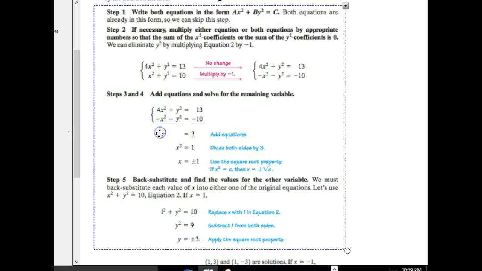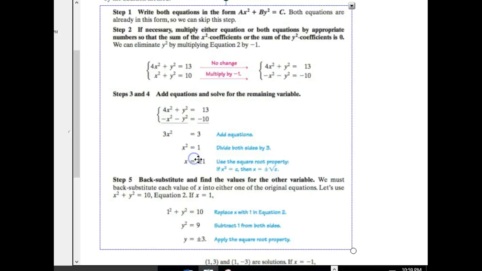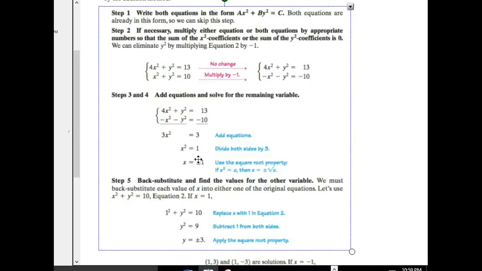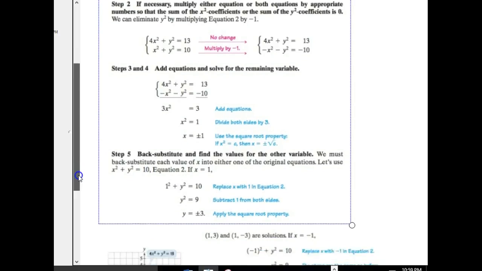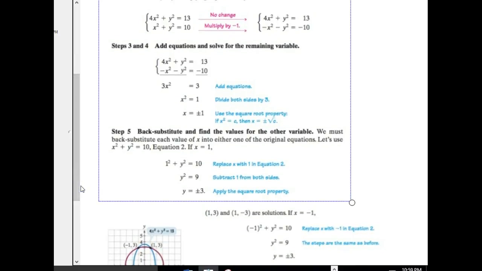Now, if I divide both sides by 3, I'll get x squared by itself, and that is equal to 1. And of course, when you take the square root, you're going to get both +1 and -1. Okay, now that's important. Some things you can't have negative, but on these you can, because you can have a -1 as a point. So we have two x values here. x could be +1 or x could be -1.